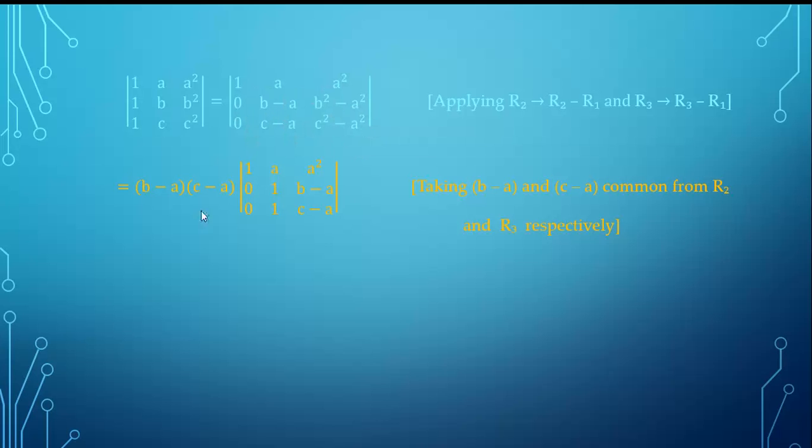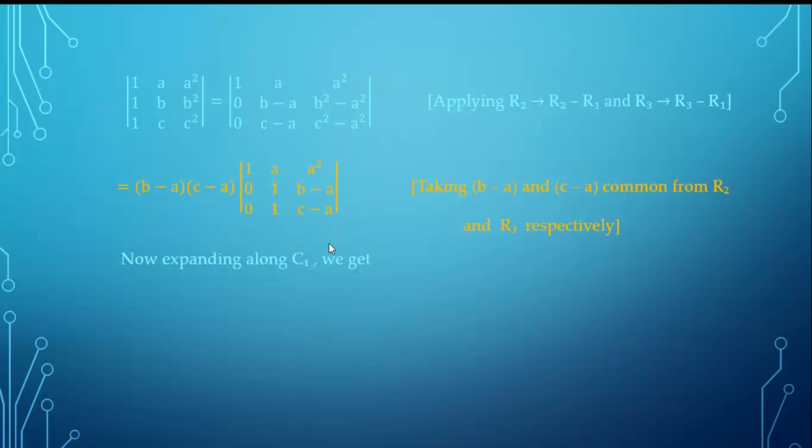So it becomes 1, 1, and then b plus a and c plus a, with b minus a and c minus a taken common.